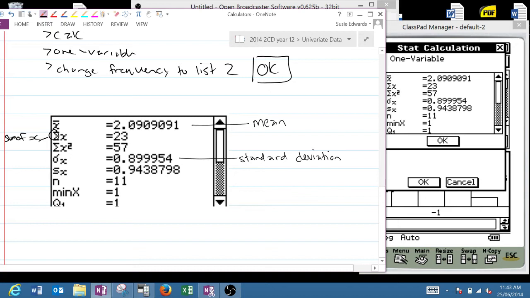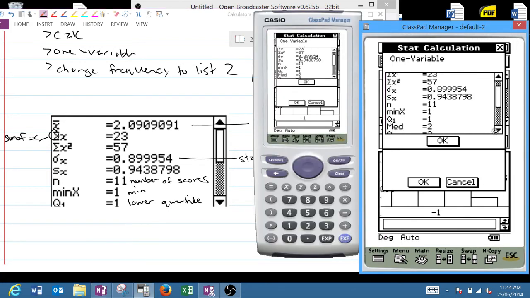N means number of scores. Min X, minimum score. Q1, lower quartile. Okay, then there's more.